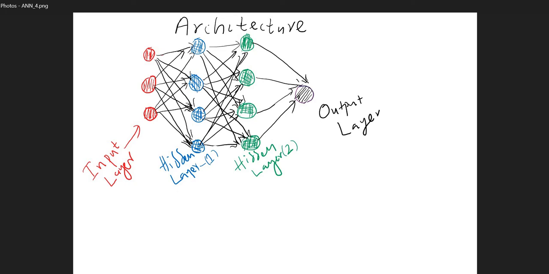This first arrow represents the impact of this red node on the blue node. This blue node is in the next layer, the hidden layer. So what is the meaning of weight? Weight is the impact of one node on the other node in the next layer.